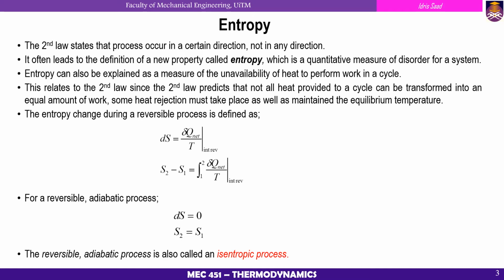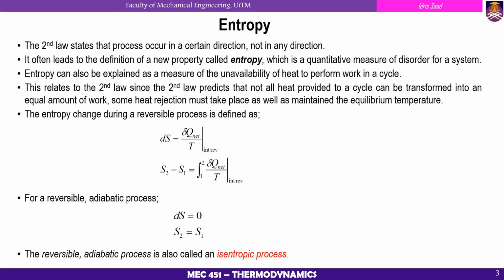Recall that entropy is a quantitative measure of the molecular disorder of the substance for a system. Entropy can also be explained as a measure of the unavailability of heat to perform work in a thermodynamic cycle.